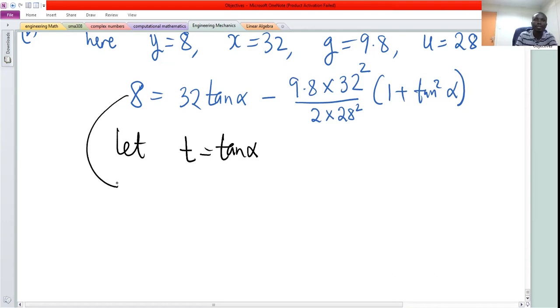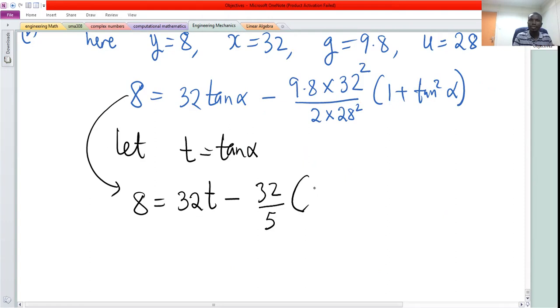So that you'll have 8 equals to 32 T minus 9.8 times 32 squared divided by 2 times 28 squared, so we have 32 over 5, that's 2 over 5, into 1 plus, so tan squared alpha will be T squared.